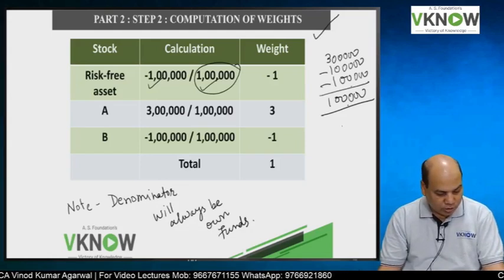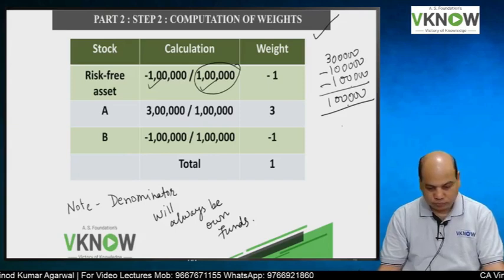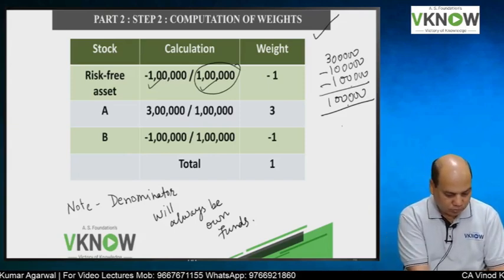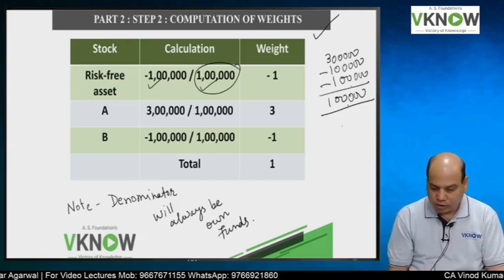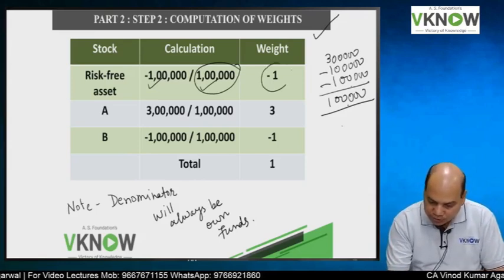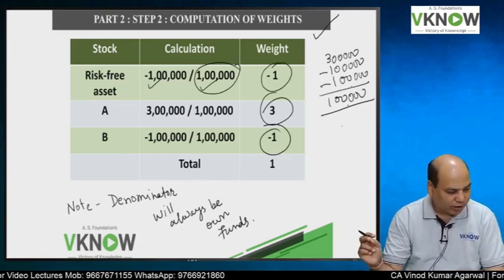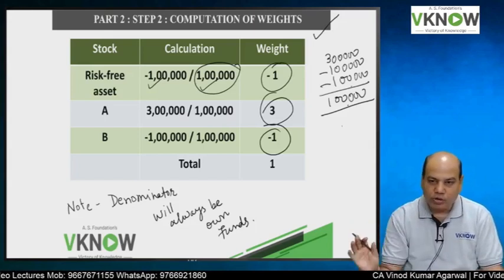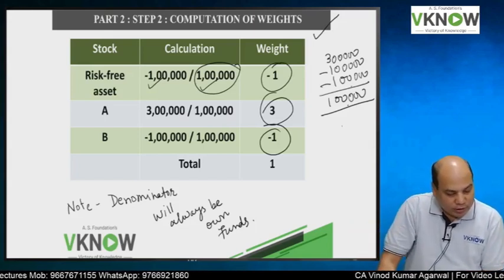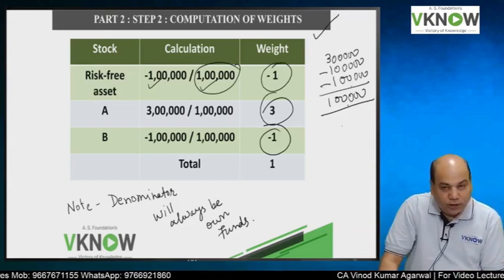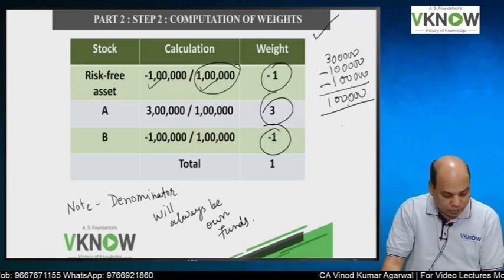Right? Now using these weights and multiplying by the factor betas, you will be able to calculate the portfolio beta for the two factors. Okay.